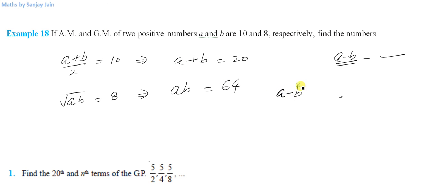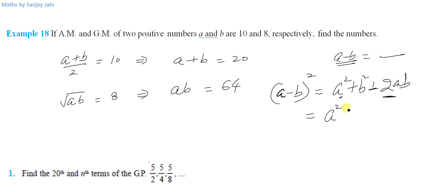(a minus b) whole squared, if you think about it for a moment, is nothing but a squared plus b squared minus 2ab, right? Now you can add and subtract, and write it like this: a squared plus b squared plus 2ab and minus 4ab. Can we write it like this? Yes.